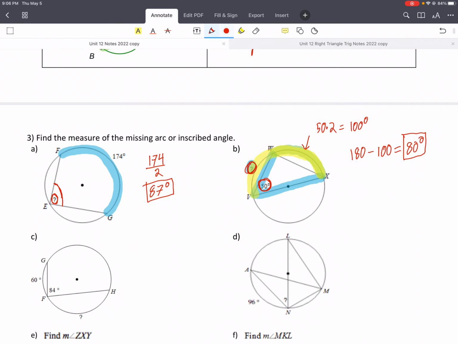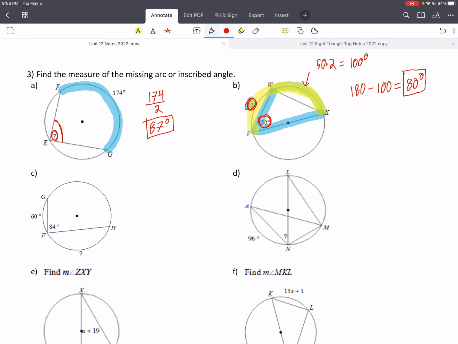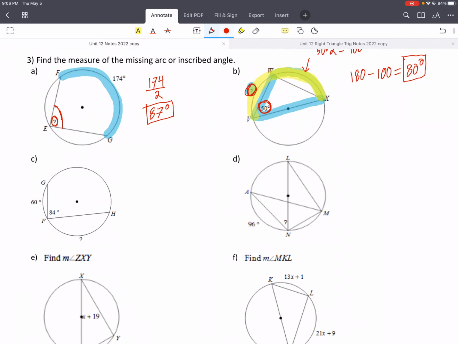Okay, so let's keep on chasing with C here. We want to find this arc right here. To be able to do that, we're going to need to find what this arc is right there. That's an inscribed arc of angle GFH.